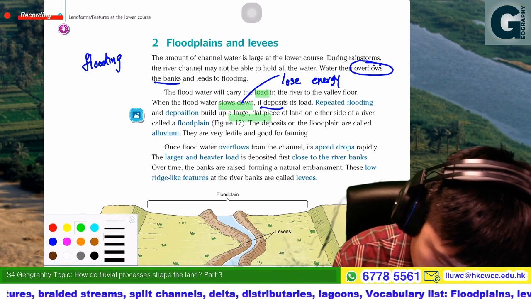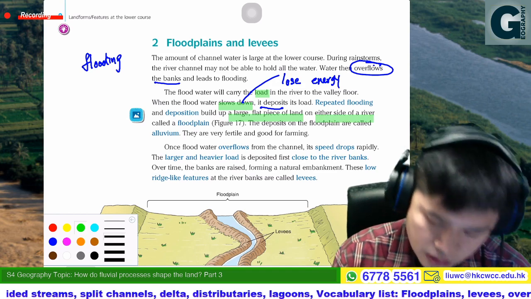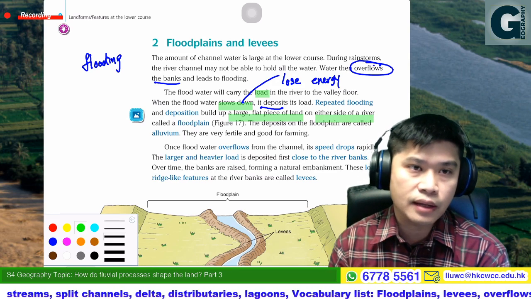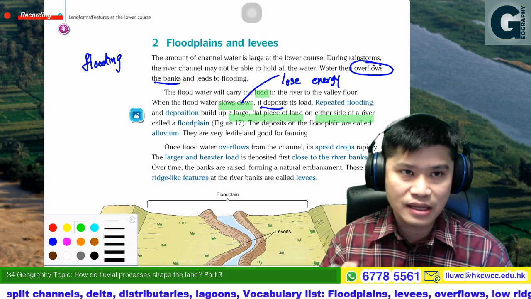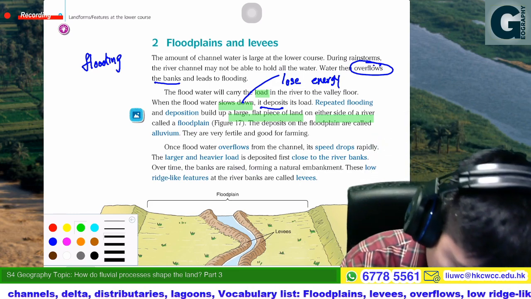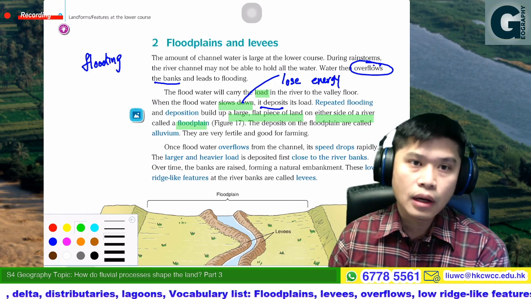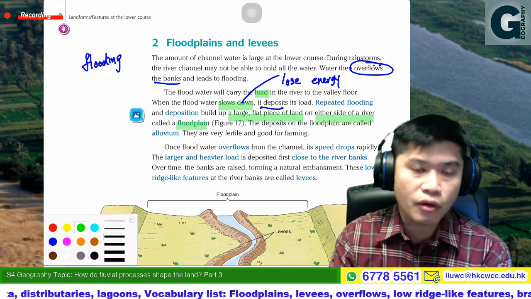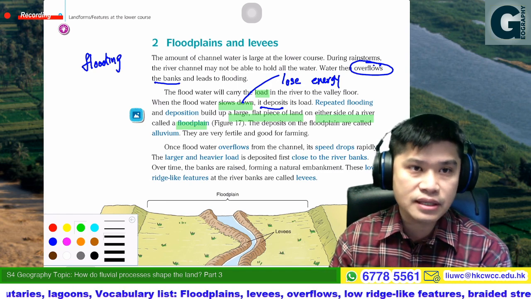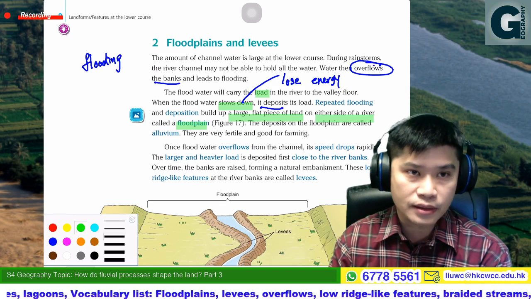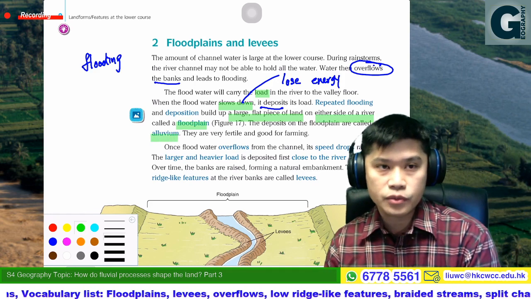A large flat piece of land on either side of a river. 喺條河兩邊嘅地方就會形成一個比較大啲嘅平坦啲嘅地方啦，平坦啲嘅平原。And this is what we call floodplain, in Chinese 泛濫平原. So all the area covered by the deposition of the load after repeating flooding, and the deposits on the floodplain are what we call alluvium, 沖積土.